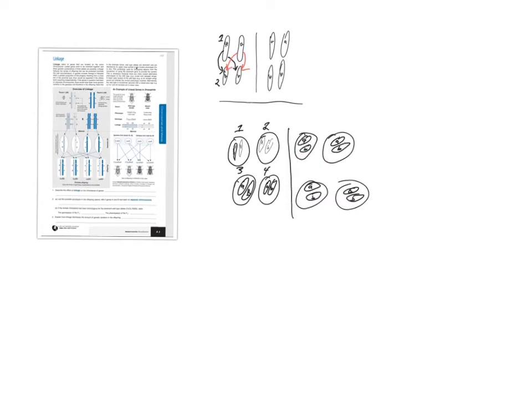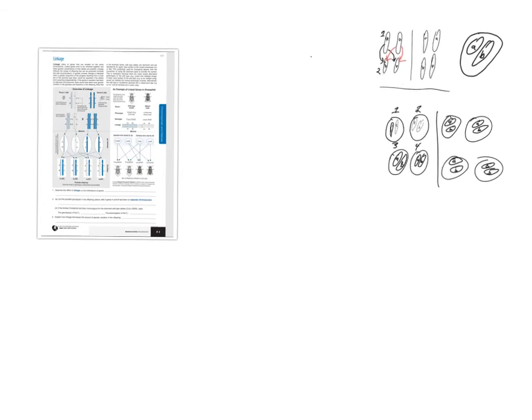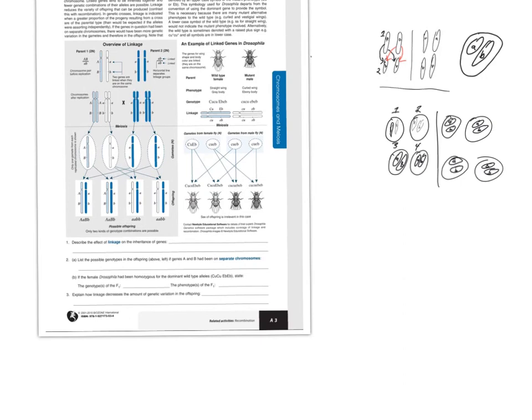All of their gametes, all of their eggs, all of their sperm are going to be little a, little b. Why? Because those are the only 2 they have, whether they're linked or not. So that's going to be important when we start to think about what this all means as far as answering these questions. Okay, so now let's go back and look at the question.